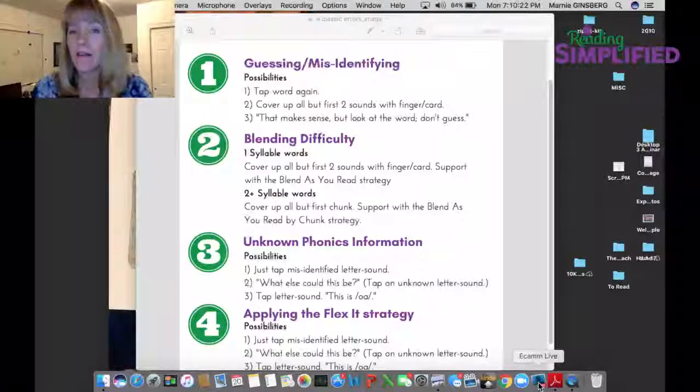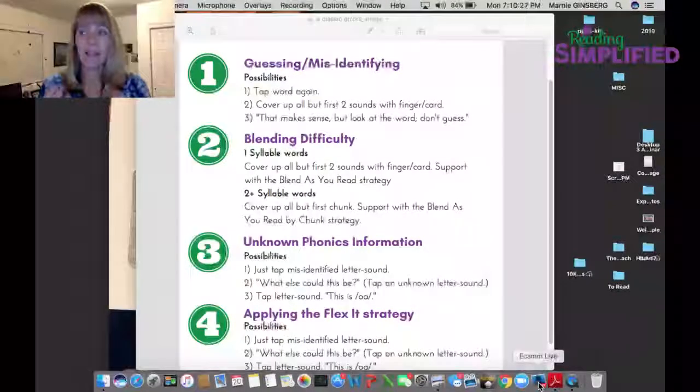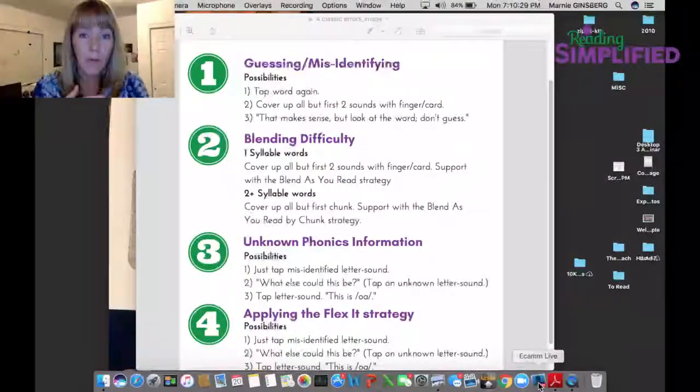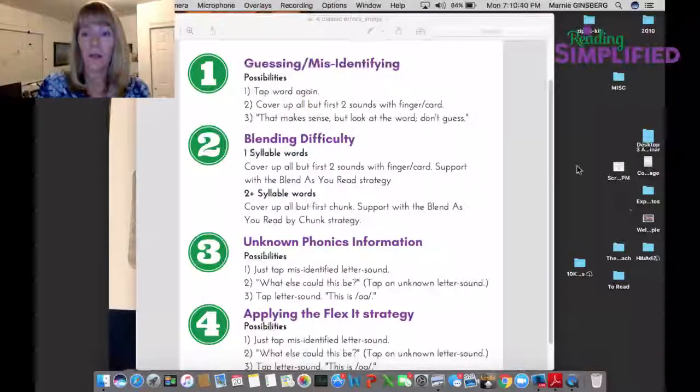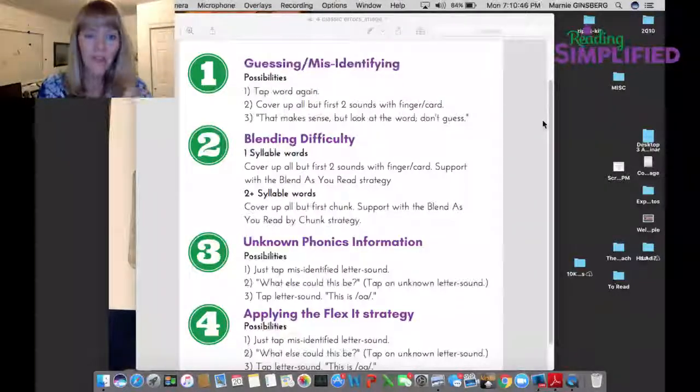So I find that I don't have to teach that very much unless a kid has not been given much teacher feedback on their errors, and they lose hope and they just guess randomly because they've abandoned all hope. But generally, once you get in the context of a Reading Simplified instructional setting, then those kids don't make those kinds of errors. So, okay, that's number 1.